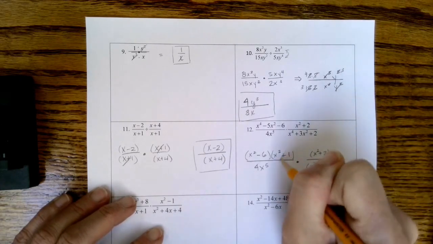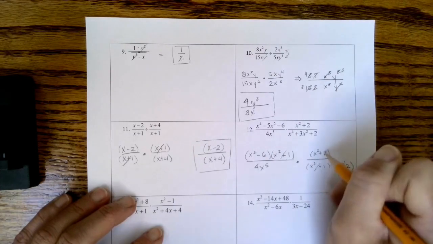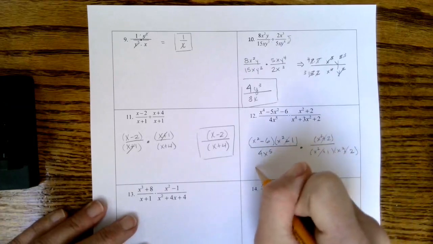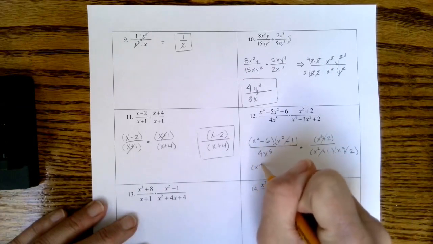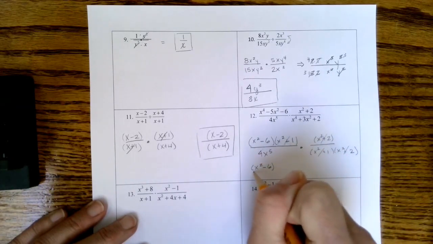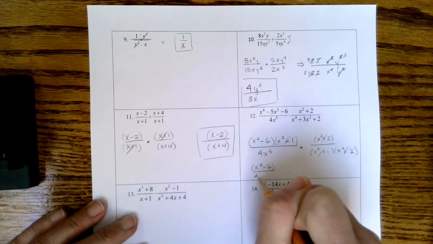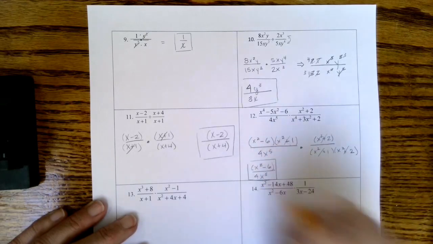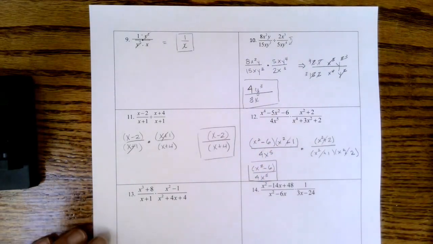So these two can be canceled. Those two can be canceled. So what I'm left with is x squared minus 6. 6 is not a perfect square, so that's not anything I can factor, even though x is squared and it's a difference. So that's all I have.